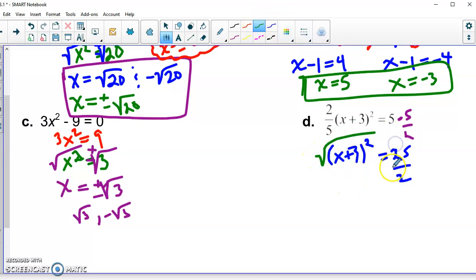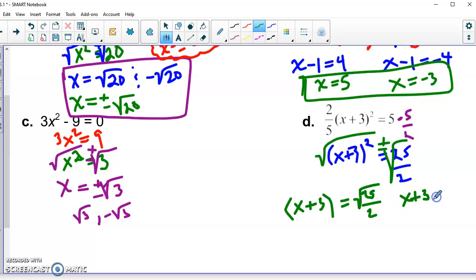Whenever we take the square root, we need to apply a plus and a minus. So we have x plus 3 equals the square root of 25 halves. And x plus 3 equals negative square root of 25 halves. All right, one step left, and that is to subtract 3.